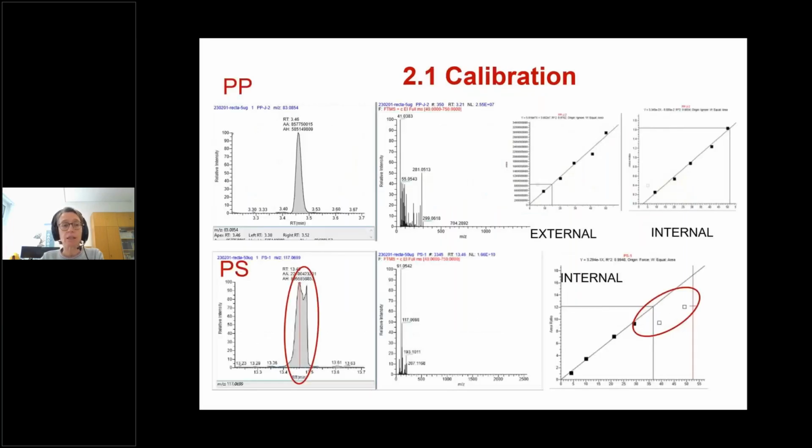The first challenge, though, is calibration. This is a peak of polypropylene, and this is a peak of polystyrene. Here we have the calibration that in our case goes from 5 micrograms to 50 micrograms. We can see in the case of polystyrene that at 50, well, in reality at 40 micrograms, the peak is oversaturated.